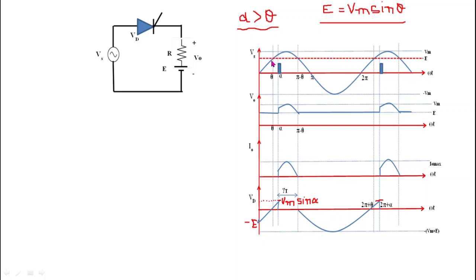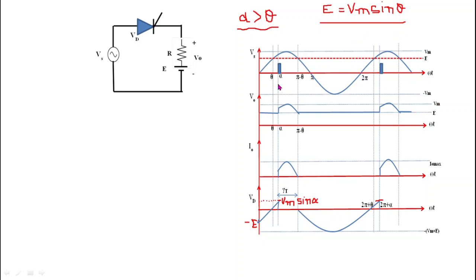At this point of intersection, EMF E is equal to the sinusoidal voltage source. So we can write E equals Vm sin theta, where Vm sin theta is the value of source voltage Vs at angle theta. So from this equation we can get the value of theta, and theta will be equal to sine inverse E by Vm.